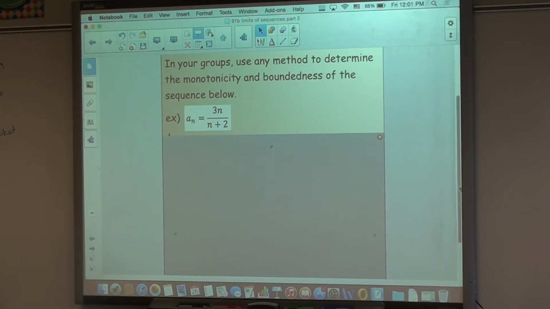You don't have to prove monotonicity. One is monotonic but not bounded.